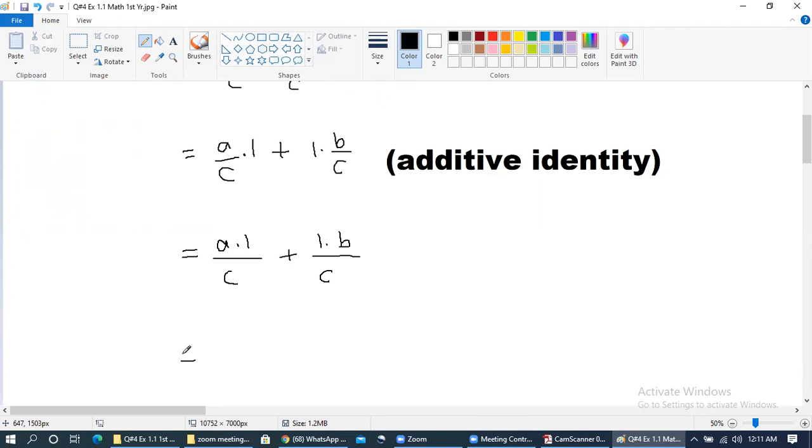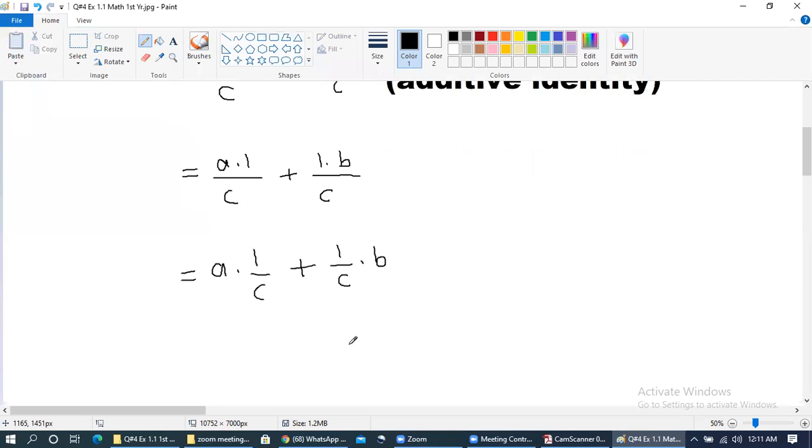And now we can write this as a into 1/c plus 1/c into b. So we have done both of these things.